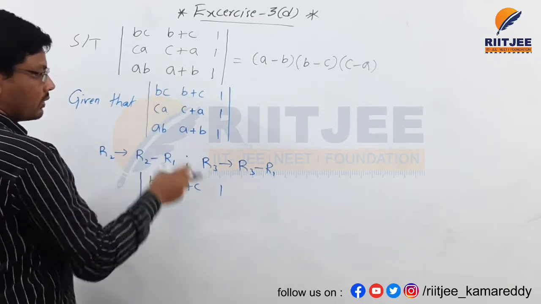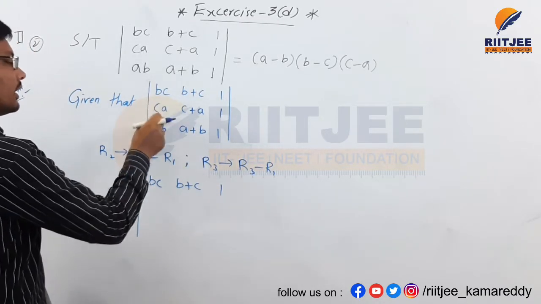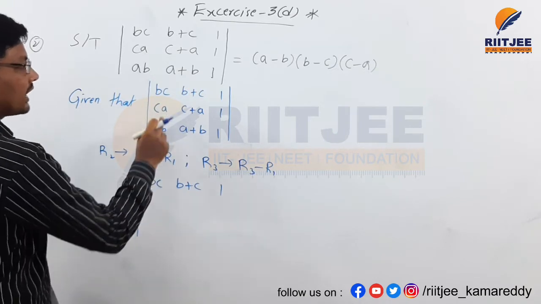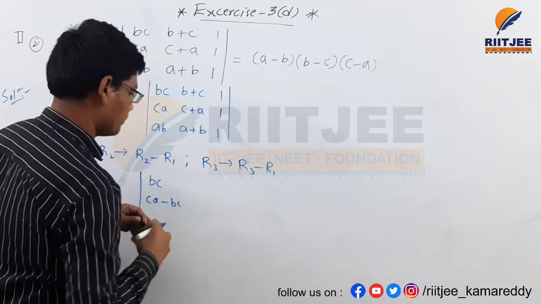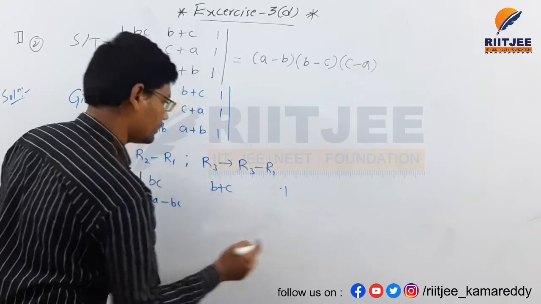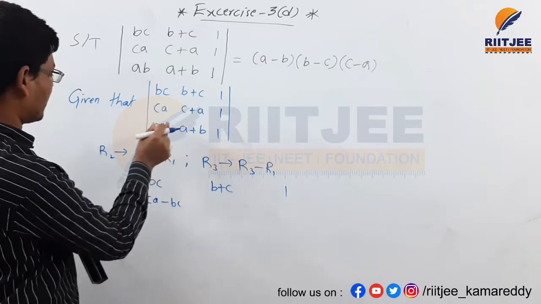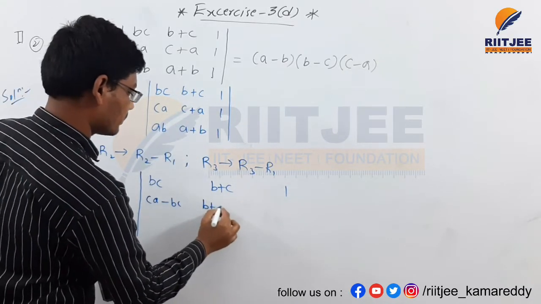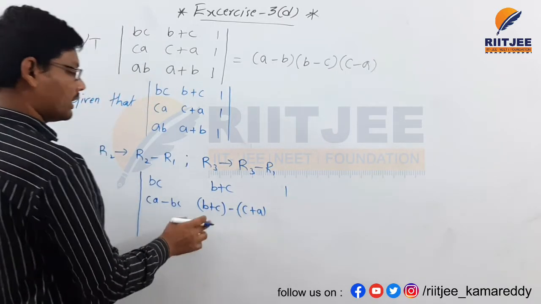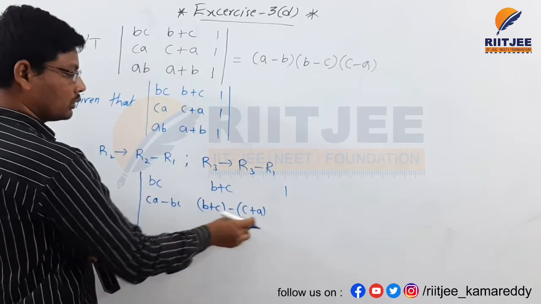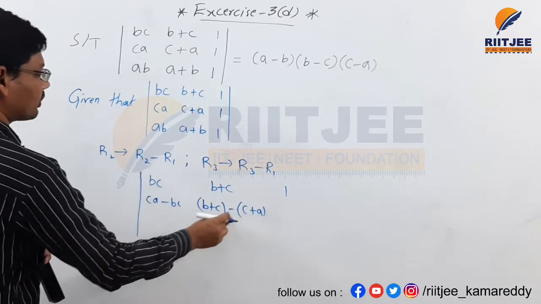R1 is common for both transformations. Here, subtracting R2 minus R1, we get CA minus BC, and then C plus A minus of B plus C. I am taking brackets here because there are two terms, while here there is only one term, so I am not taking brackets there.